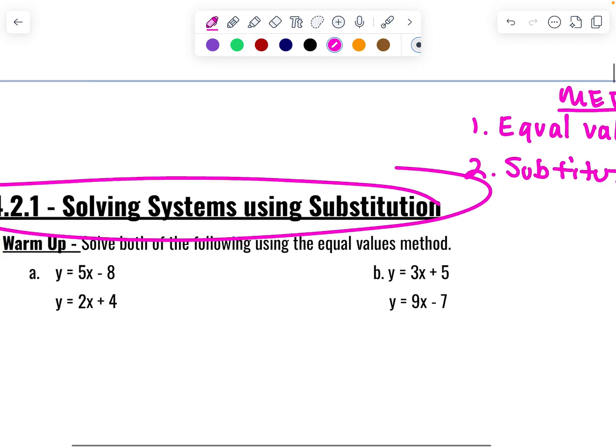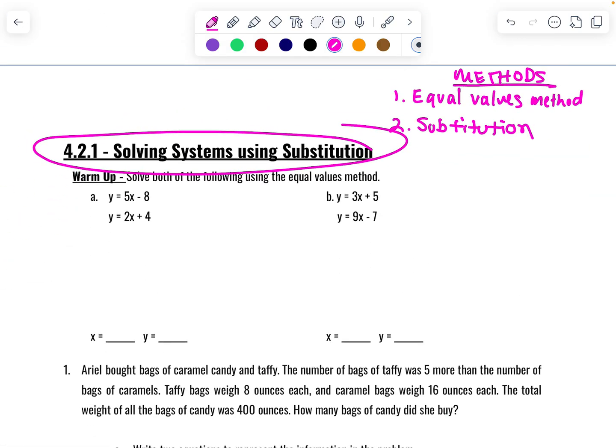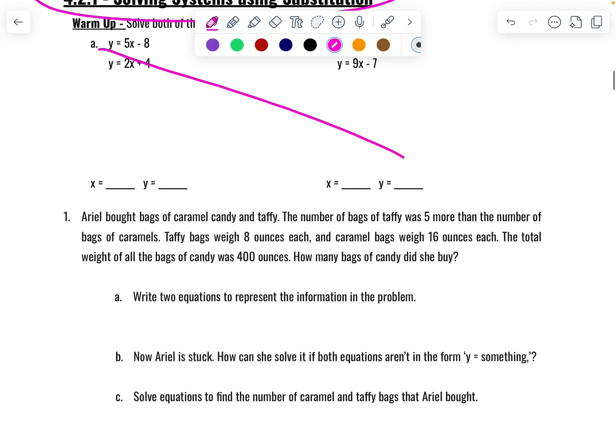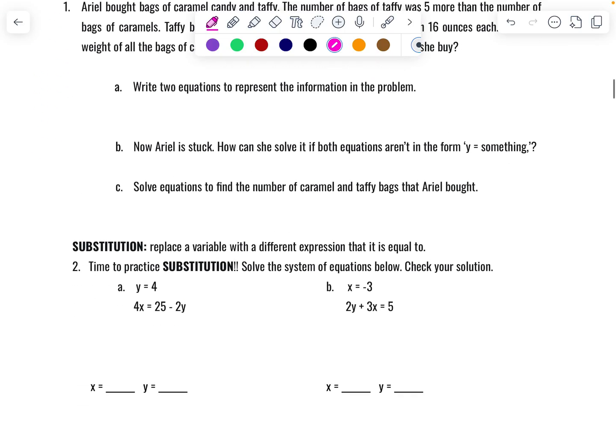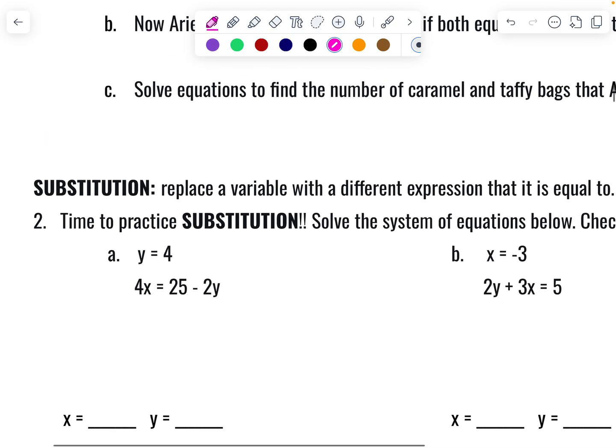Okay? So in a problem, actually these are warm-up problems. You don't need to do those right now, okay? And we're going to skip past the word problem at the moment. Substitution, you are replacing a variable with a different expression that it's equal to, okay?